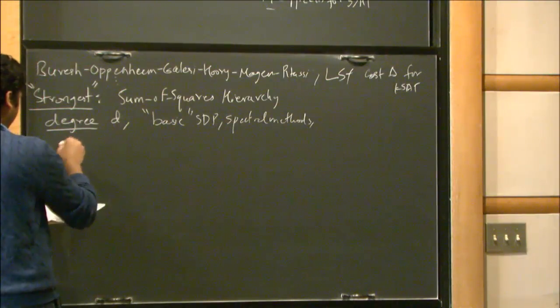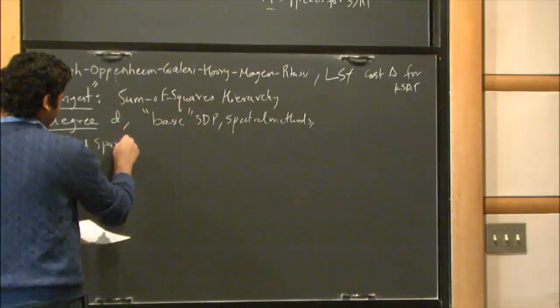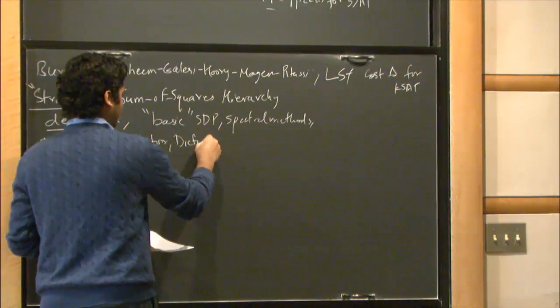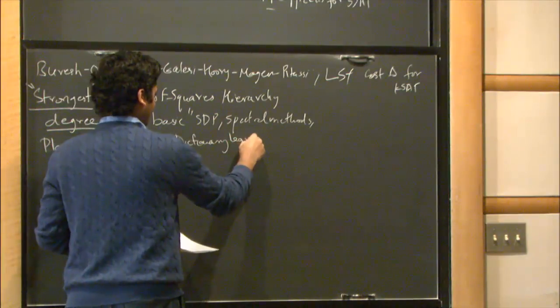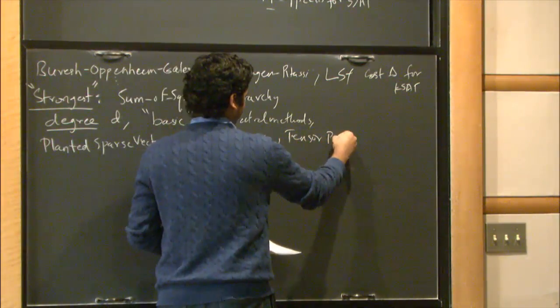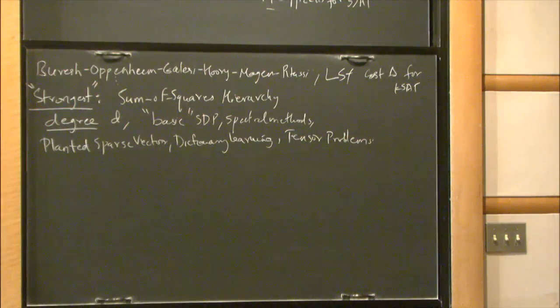For example, there are nice algorithmic results using this hierarchy for planted sparse vector, the problem of dictionary learning, and a bunch of tensor problems. So for many of these problems, it turns out that this method actually does give you new fast algorithms.